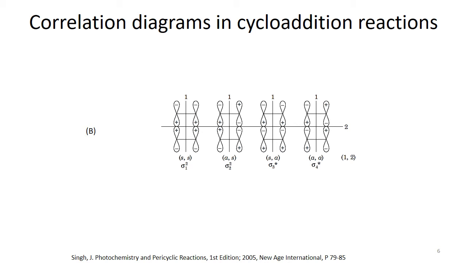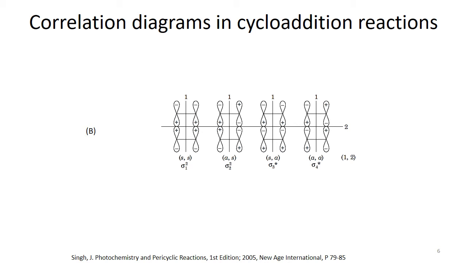Again we are using the same orbital arrangement that we used in ethylene molecules. We start from our pi system, and then we go to the pi star system. And when we talk about the arrangement of these orbitals, we have to consider suprafacial and antarafacial kinds of interaction.